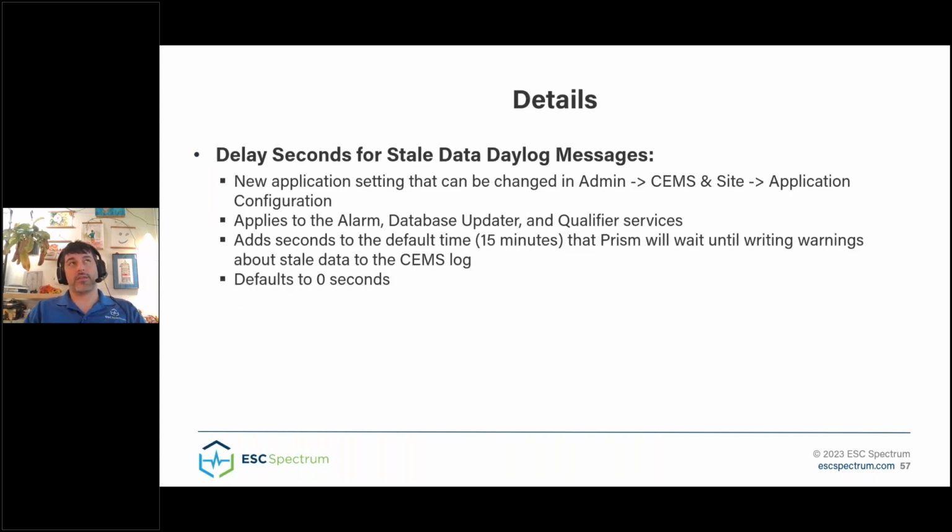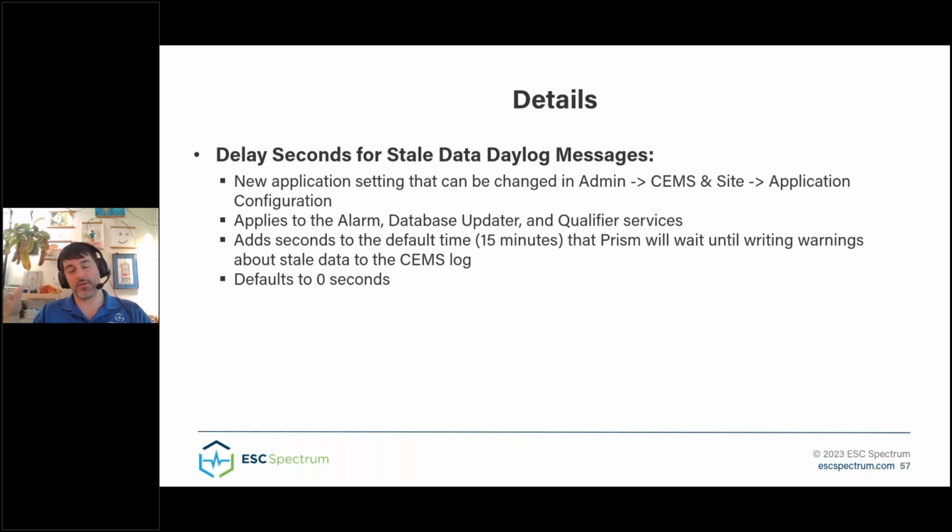In other words, let's say you're pulling data and there's a dropout for a little while. Sometimes that can end up being a nuisance alarm on a certain system, and so now we have this option to adjust it. If you wanted to make this change, you can go to Admin, SEMS and Site, Application Configuration, and then you can adjust this additional time.